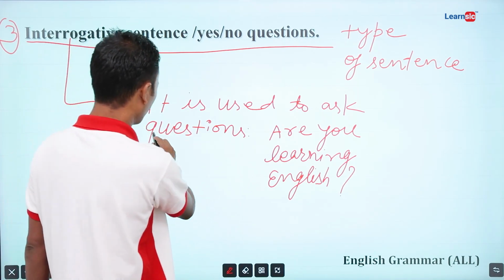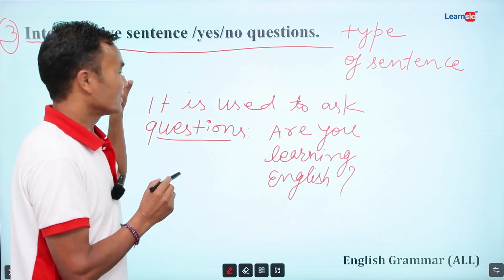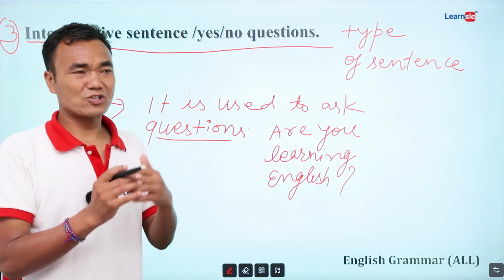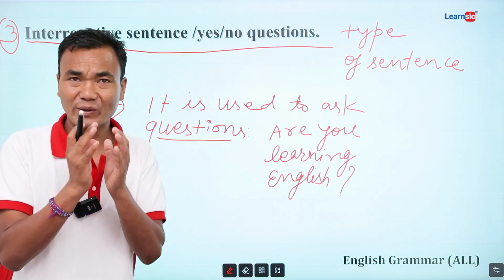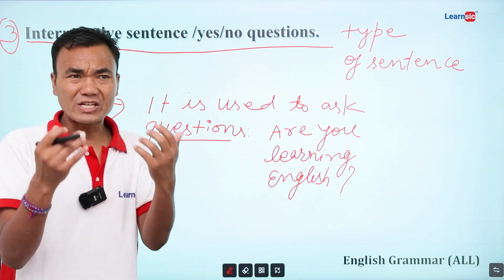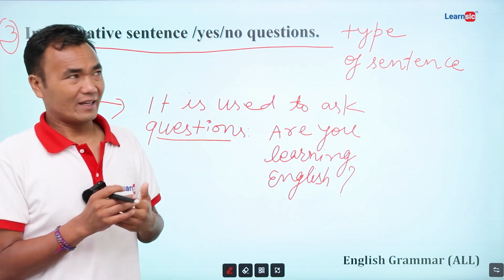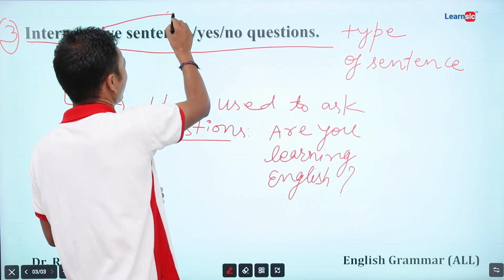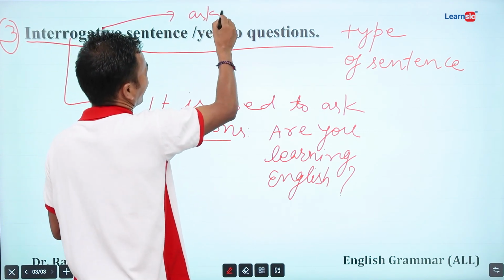So make it very, very clear. This type of sentence is known as interrogative sentence, because interrogative means asking, questioning, and inquiry. The meaning of interrogative is asking. You are asking somebody.